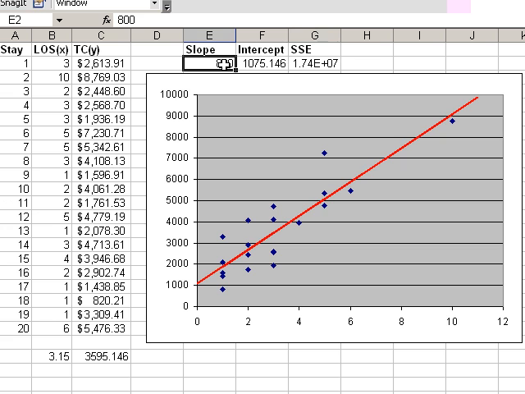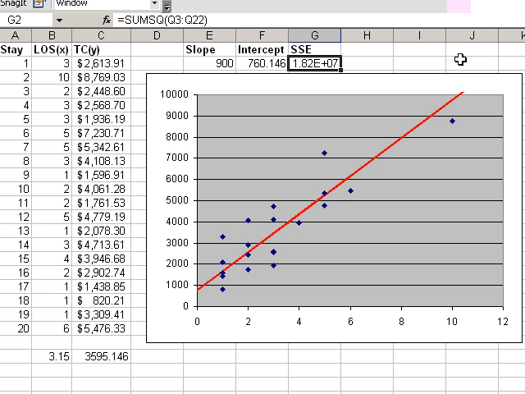Let's look at 900 and see if it improves our sum of squared error. Now we can see that by going to 900, the sum of the squared errors has gone back up to 1.8. What about 700?